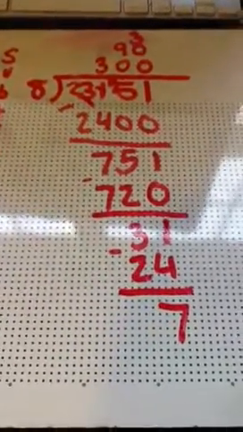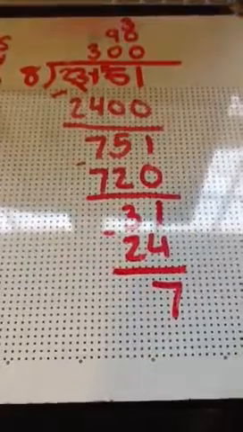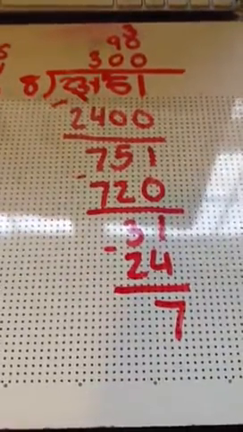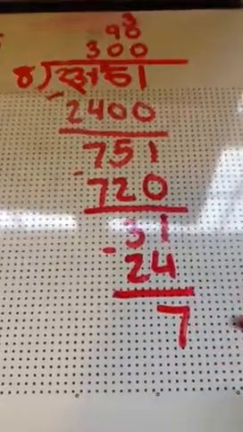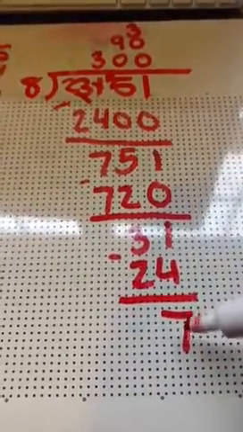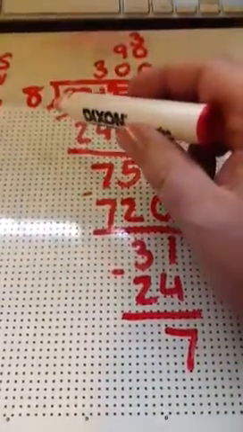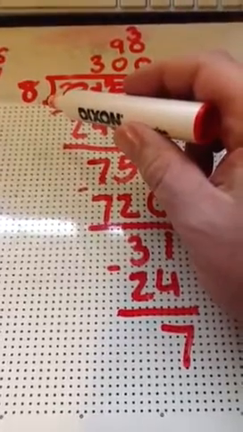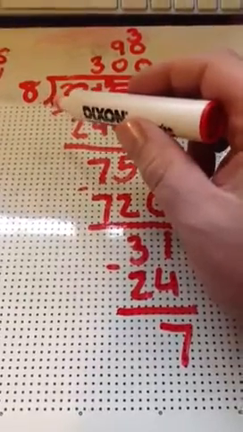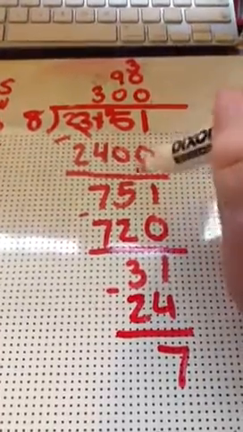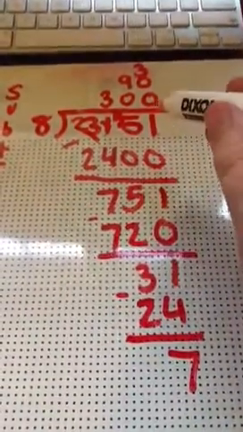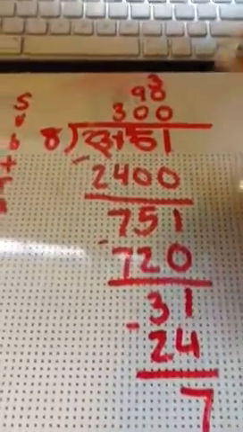Now, when we're doing the subtraction problems, we know we have the problem solved when we get to the end and we either don't have a remainder, we have a 0 down here, or when our remainder is smaller than the number we're dividing by. Just like that, okay? Now, we also need to take our numbers up at the top, because while we've been subtracting down, we want to add up the numbers at the top.